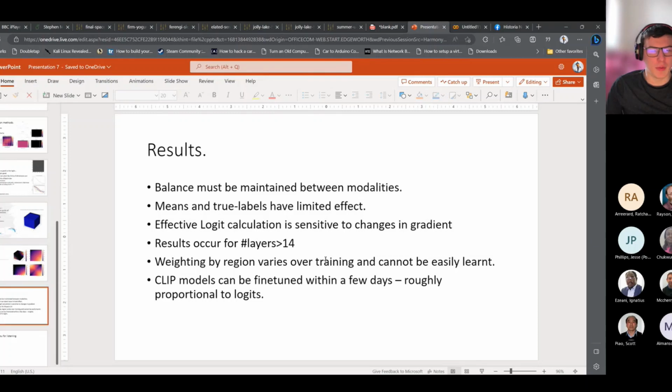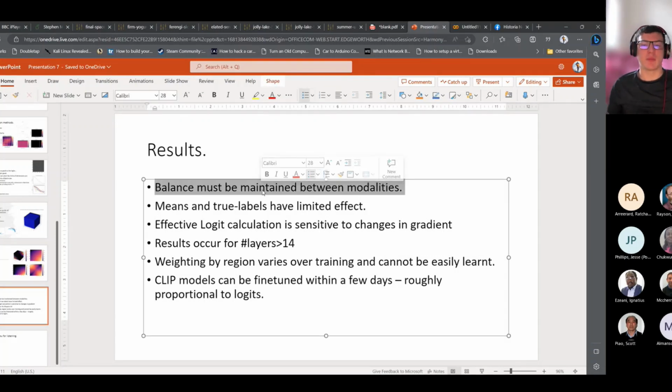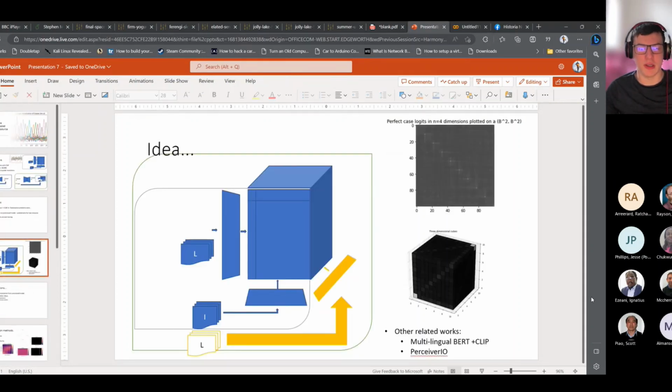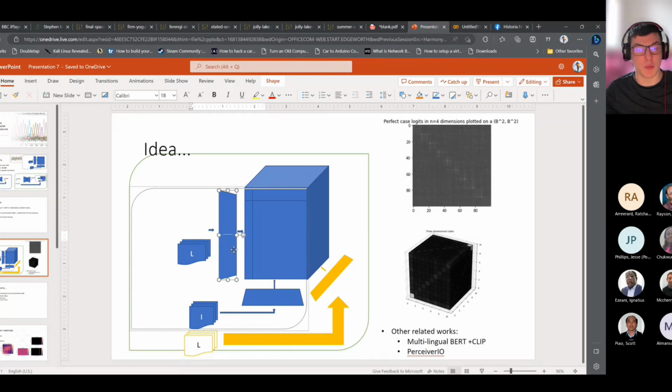So if I go through the results that I've got so far, one of the big things that has come out from this is that balance must be maintained between modalities when using extra dimensions. And what I mean by this is that where I've talked about having an extra encoder in this diagram, I'm actually, for some of my experiments, using the same encoder with just multiple inputs that I'm then laterally splitting up.